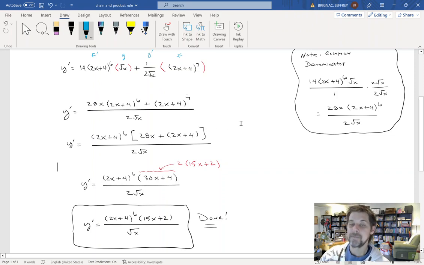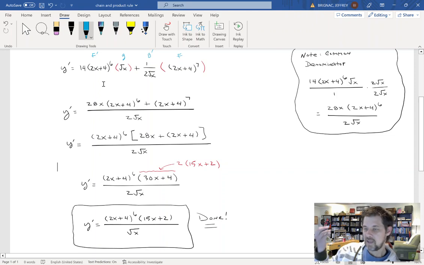Now, from here, I notice that some factoring can be done. In this term right here, I've got (2x plus 4) to the 6th power. And in this term right here, I've got (2x plus 4) to the 7th power. They have something in common: they have (2x plus 4) to the 6th power in common. So think about it like this.